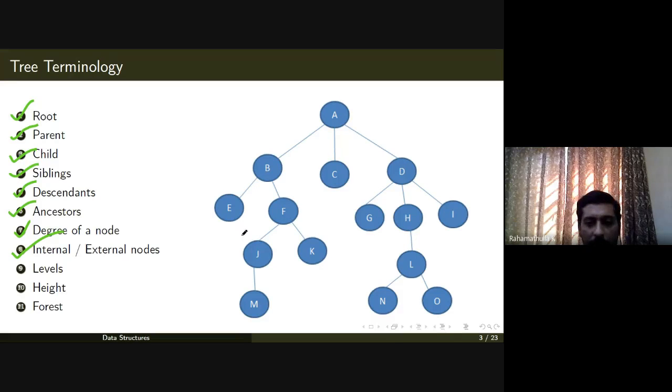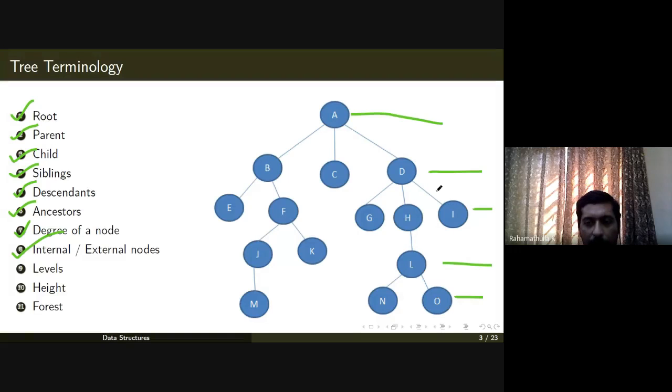Levels are considered like this. This is the first level, this is the second level, third level, fourth level, and fifth level. So this tree has got level 1, level 2, level 3, level 4, and level 5.